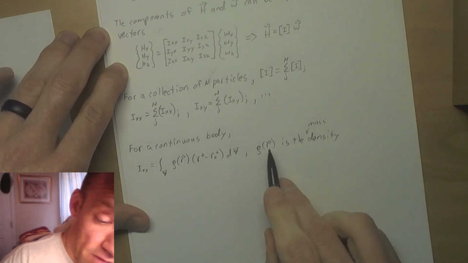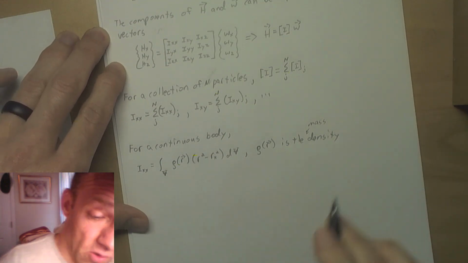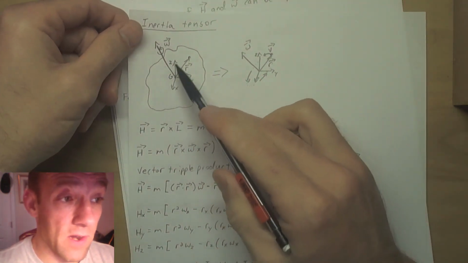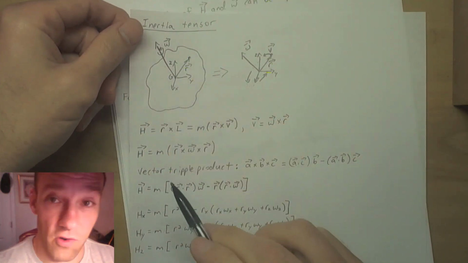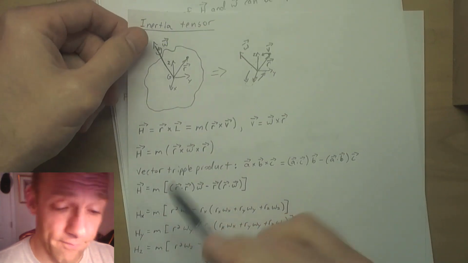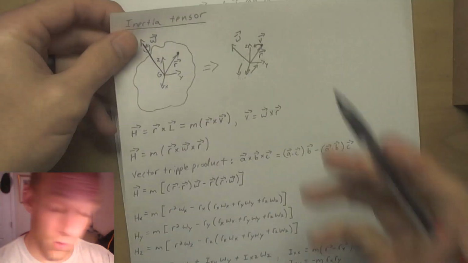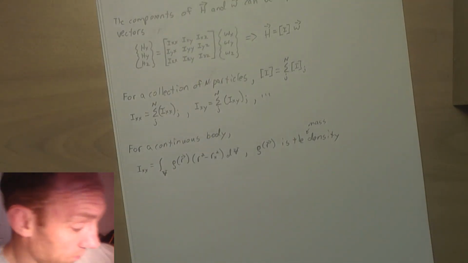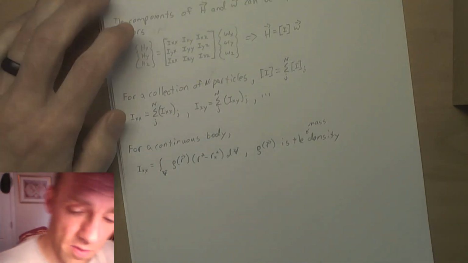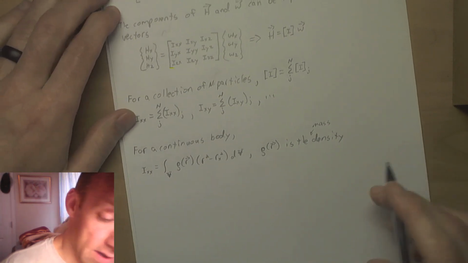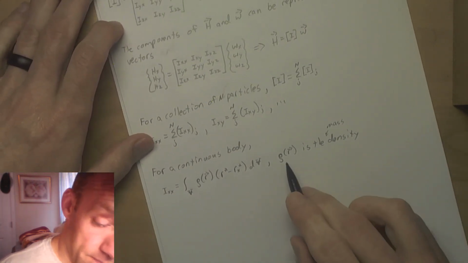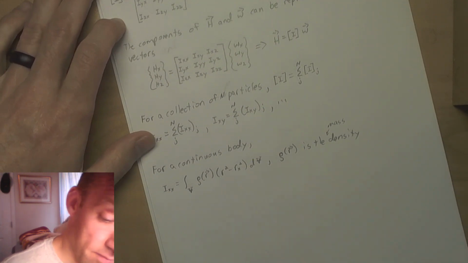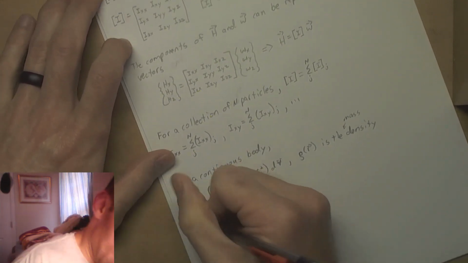And it's a function of the position within the object. So in general, the density within here could vary with position. It won't be important for us. We'll be dealing with constant densities, unless I'm giving it to you explicitly. However, in general, the mass could be distributed other than uniformly.